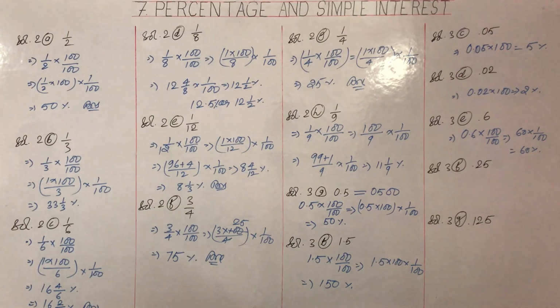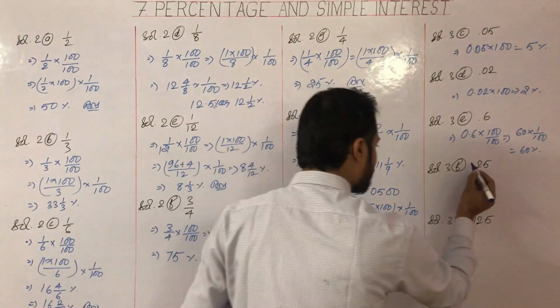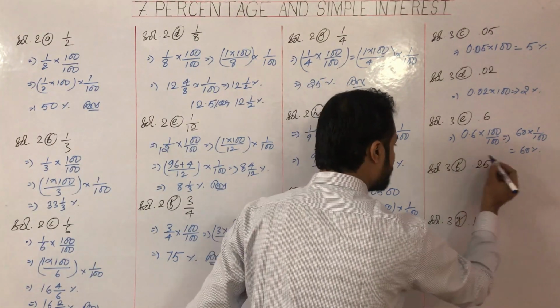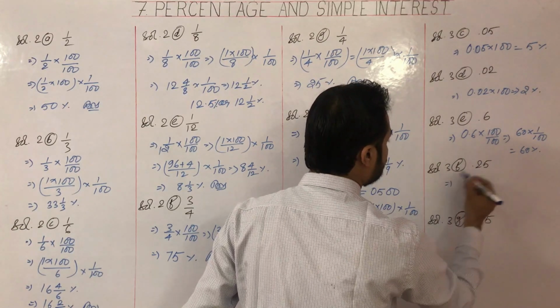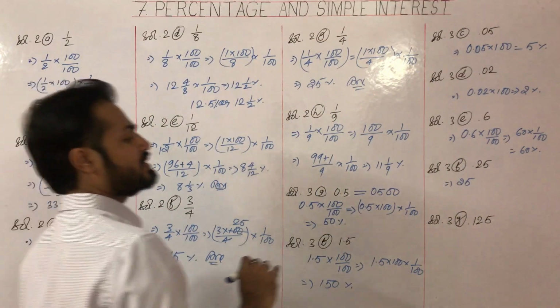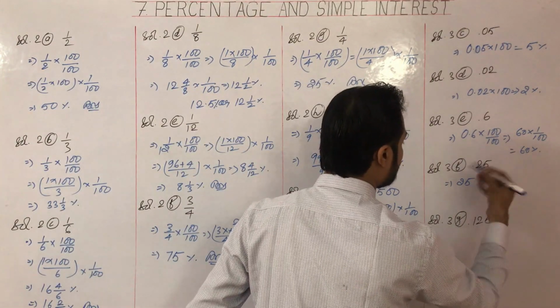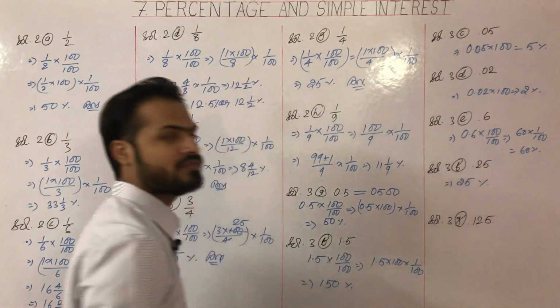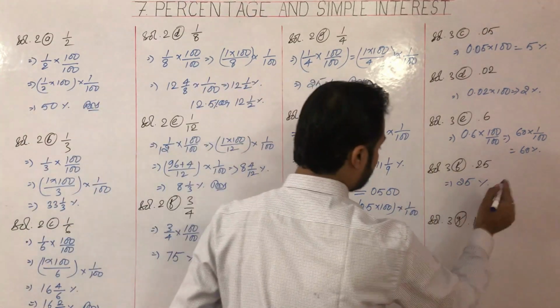0.25 means, again, shift this decimal by 2 places to the right side. So 0.25 means after shifting, 25%, or just multiply 0.25 by 100, you'll get 25%.